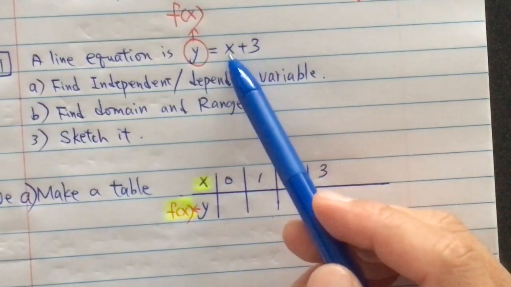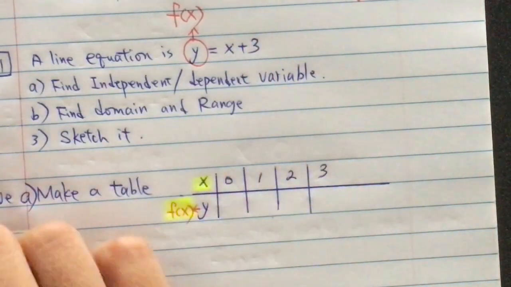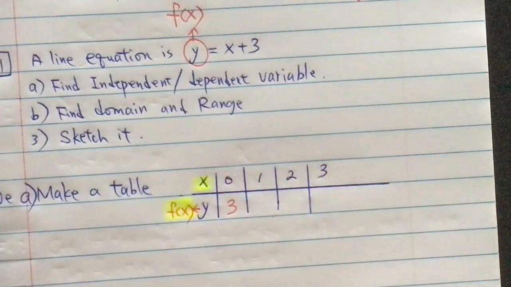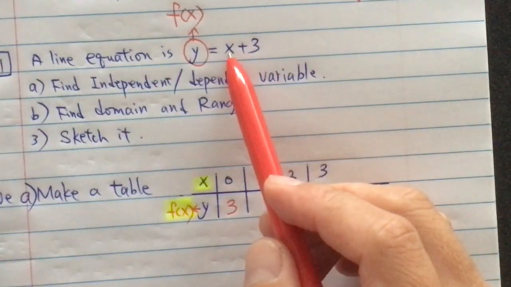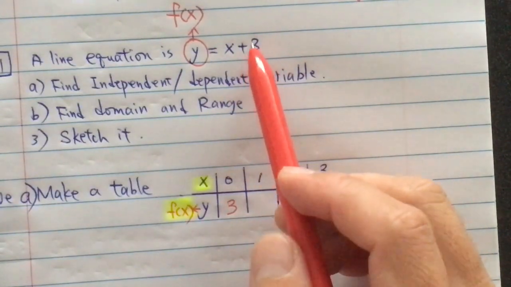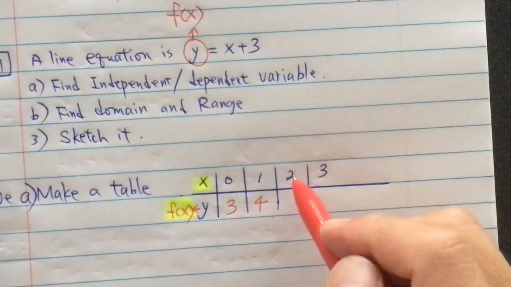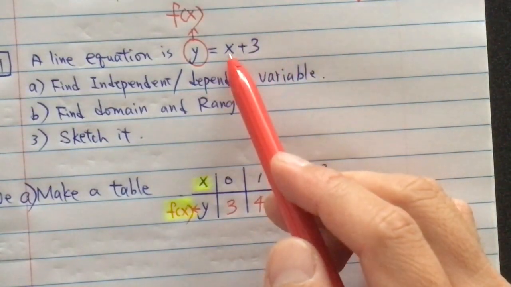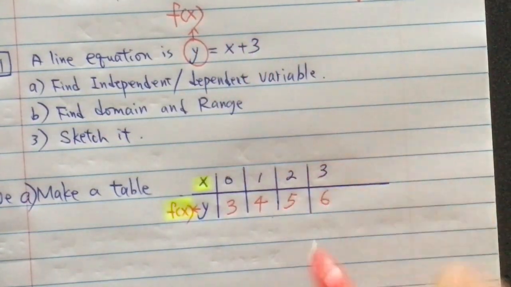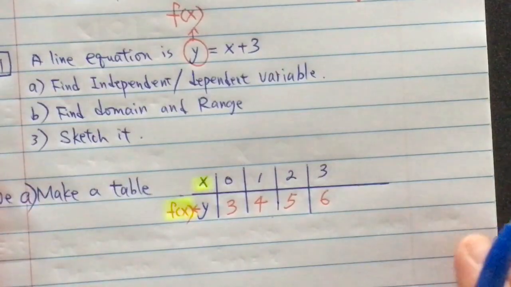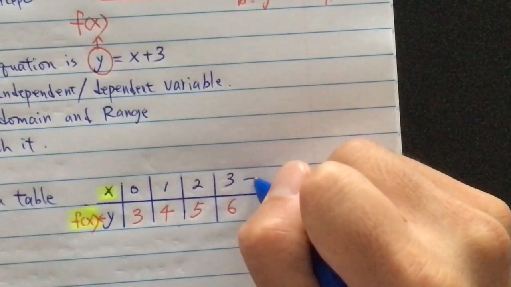When x equals 1, 1 + 3 = 4, so f of x equals 4. When x equals 2, 2 + 3 = 5, so f of x equals 5. As you see, we can pick any number here.